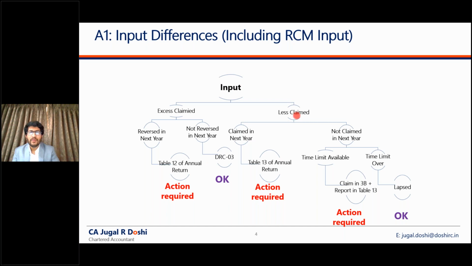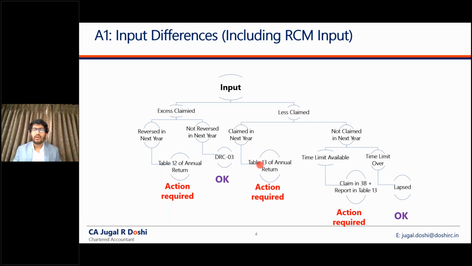In case of input less claimed, as per my annual return working, my total input for the year is 10 lakhs, but I have claimed only rupees 8 lakhs through 3B. In this case, I would confirm whether I have claimed the remaining 2 lakhs in the next year. If yes, I would include the same in table 13 of the annual return.